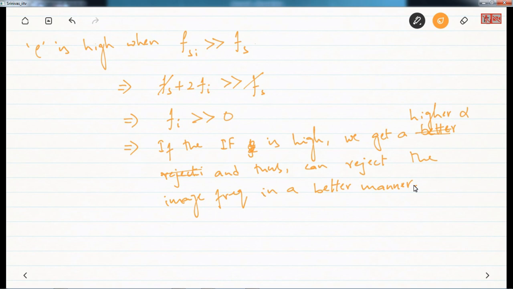So I'll stop here for today, and we'll solve 2 example problems in the next class.